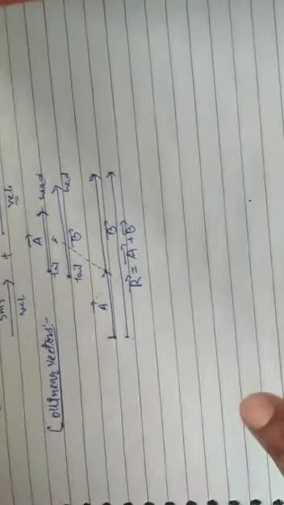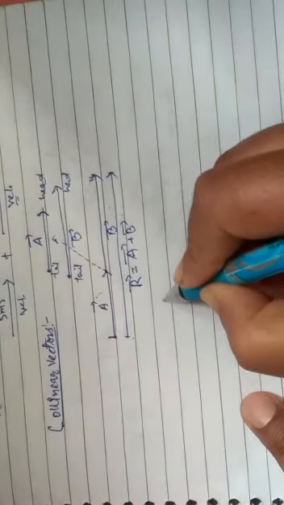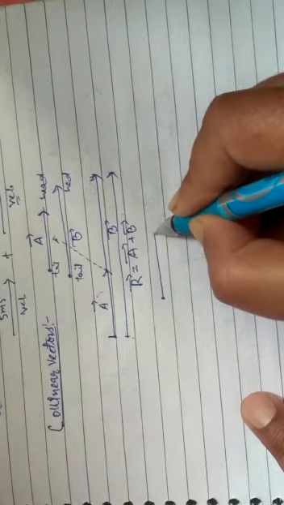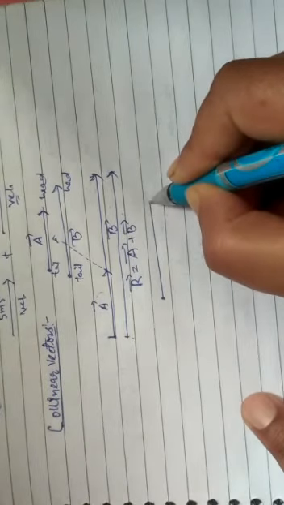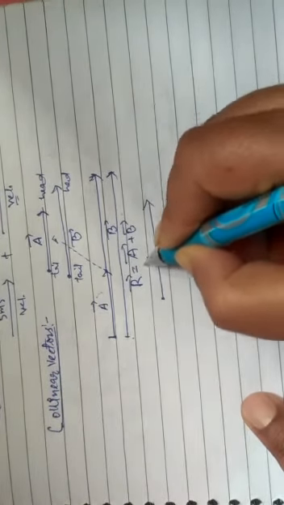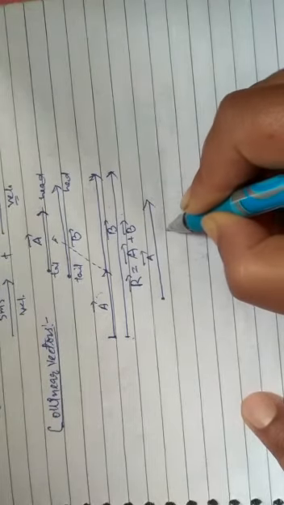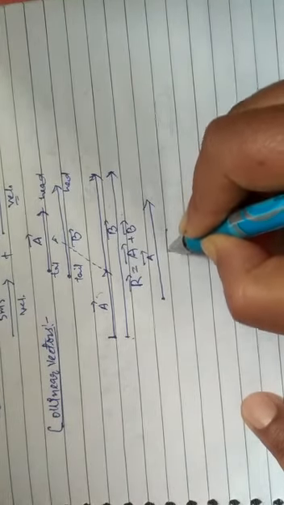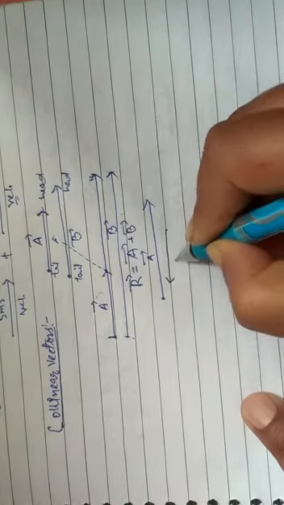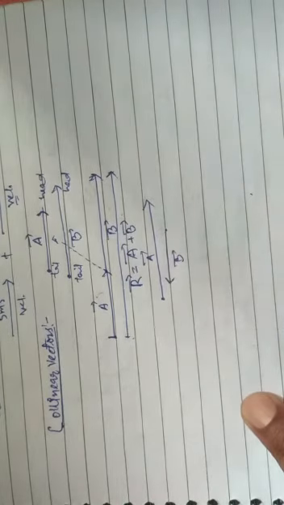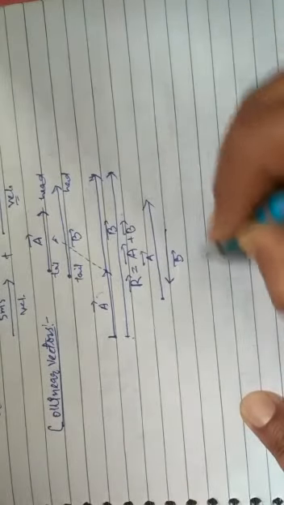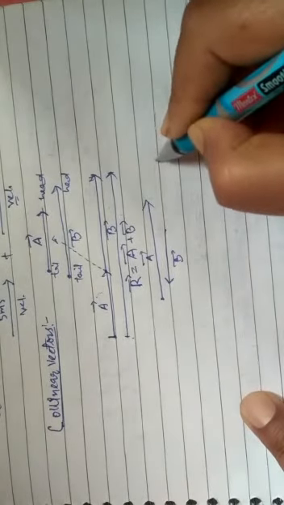If we have to add two vectors, one vector is like this, vector A, and we have another vector like this, in the parallel direction. These are parallel vectors, and this one is opposite to it. So how do I make the resultant?